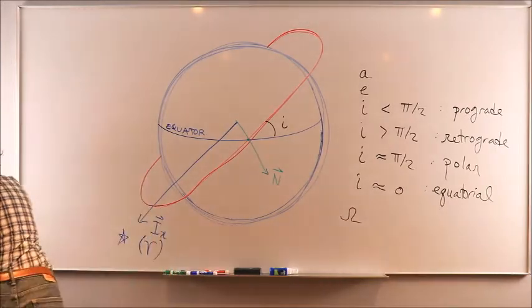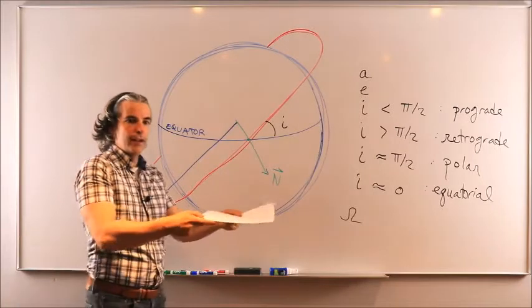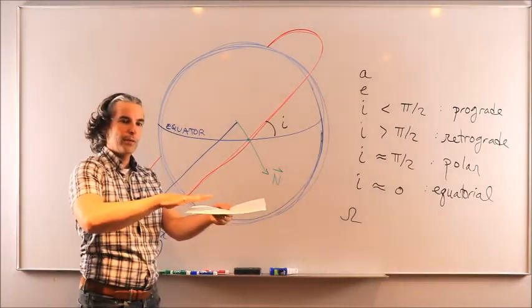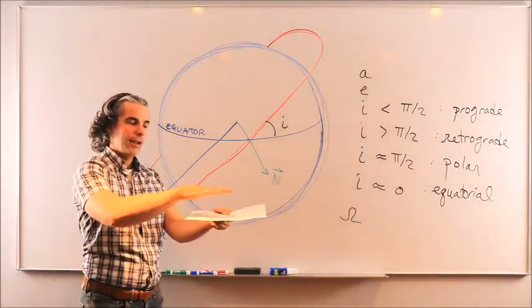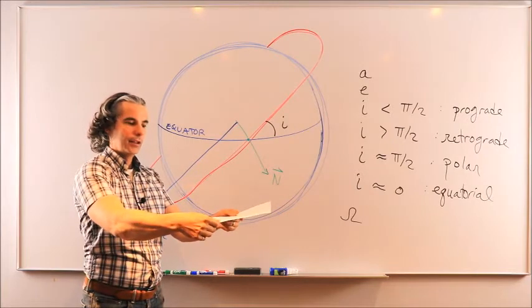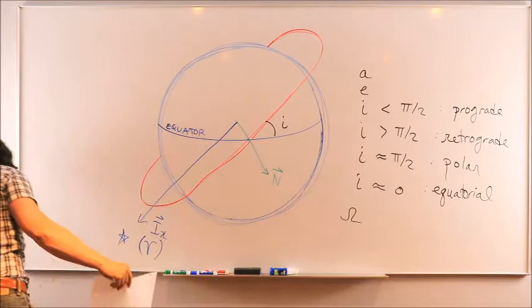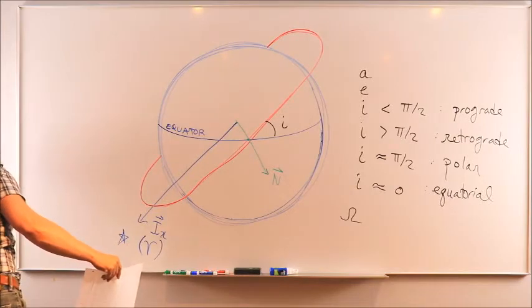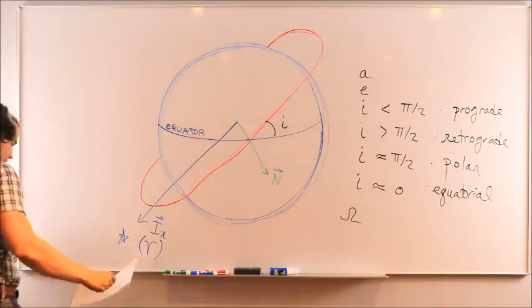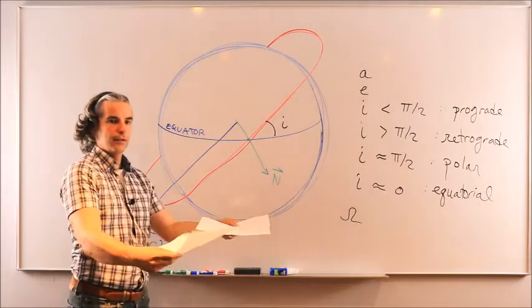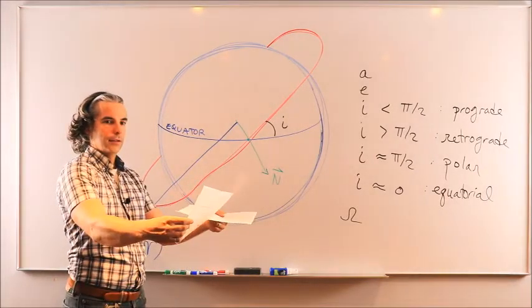So if you think about the horizontal plane here, the plane of my sheet of paper, as being the equatorial plane, and if you have an orbit that is inclined with respect to this plane, say like this.